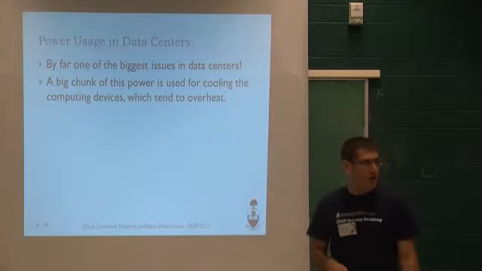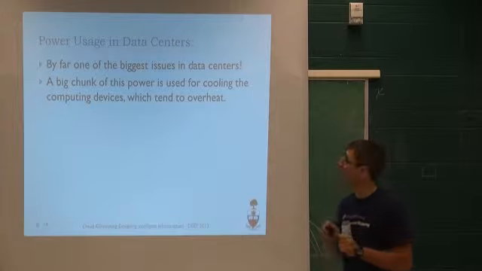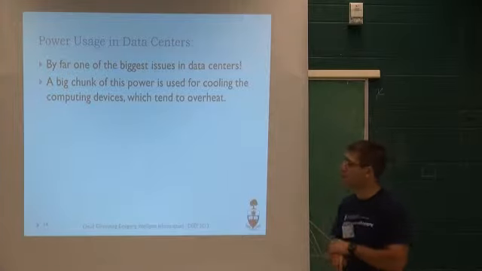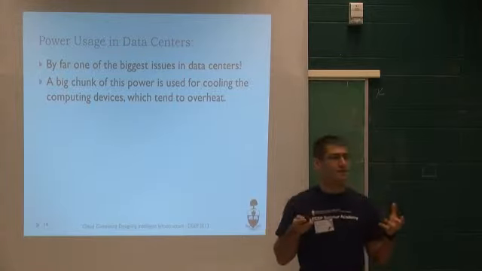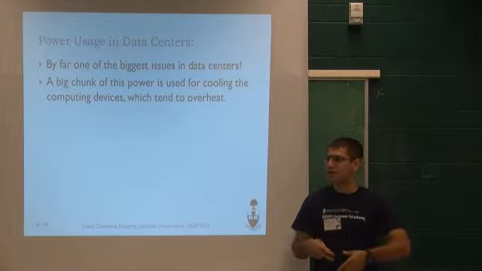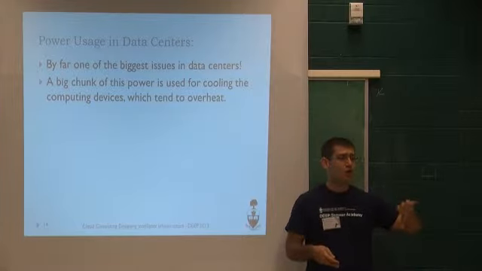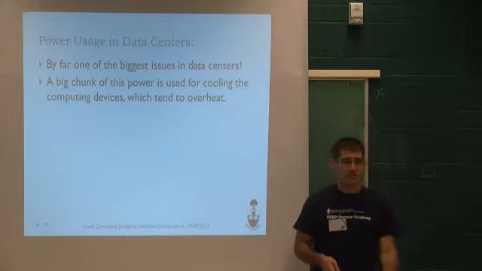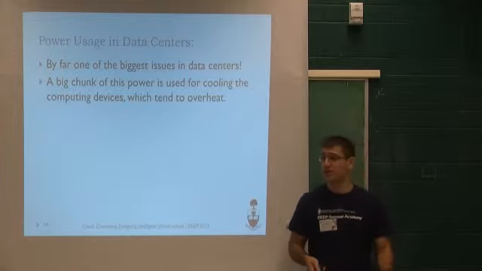Okay, so let me just mention one of these. One of the biggest costs for maintaining data centers is the power, as I mentioned. So the average cost for an average server of, let's say, $100,000, the cost of cooling it every year is $10,000. It's not 10, it's not 100, it's $10,000.